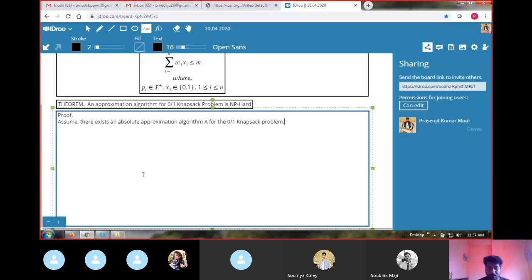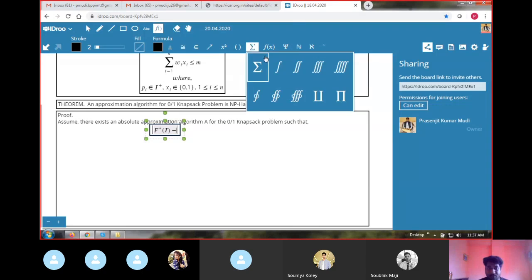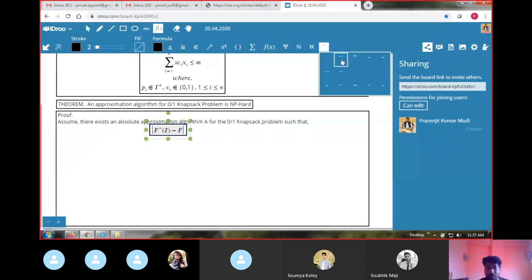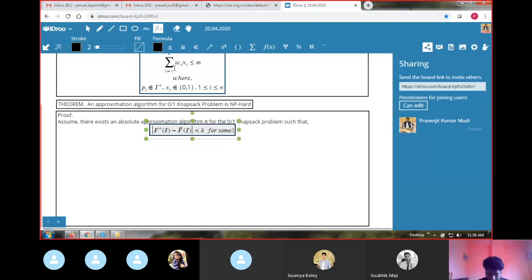From the definition of an absolute approximation algorithm, we know that the difference between the exact solution f star I and the approximated solution f bar I has to be less than k for some k.